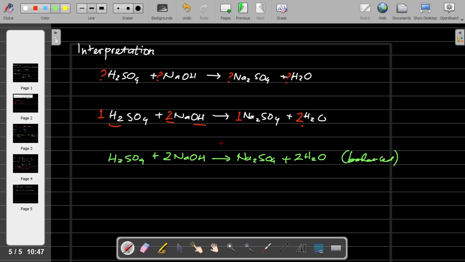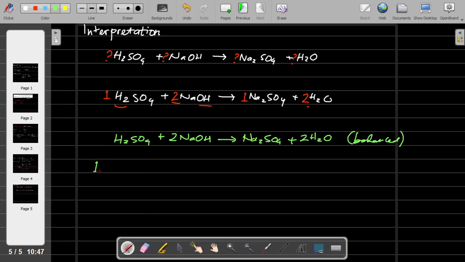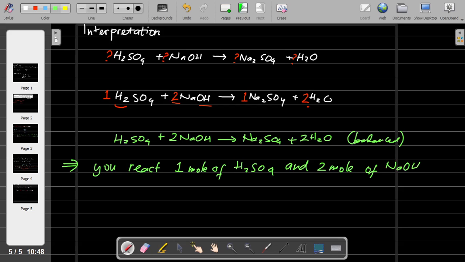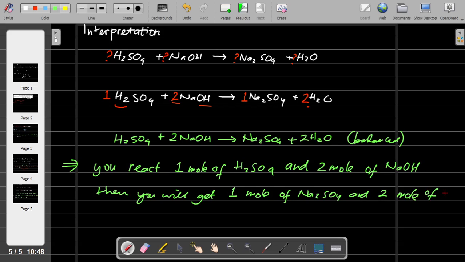So let's say when you react 1 mole of H2SO4 and 2 moles of NaOH, then you will get 1 mole of Na2SO4, and also you will get 2 moles of water or H2O.